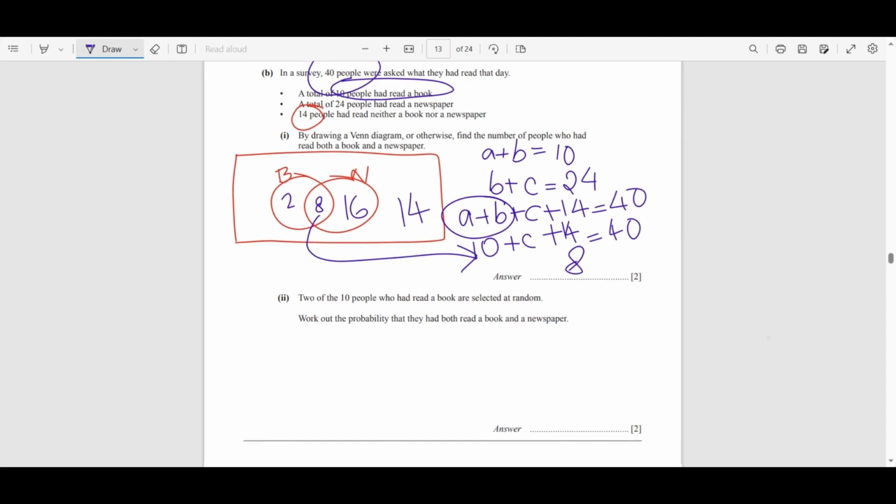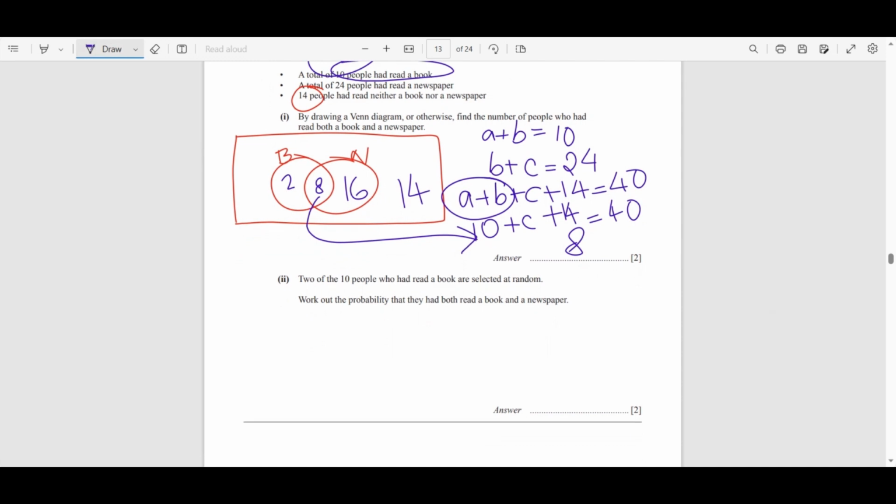Two of the people who had read a book are selected at random. So basically we are selecting a person from the people who have read the book.